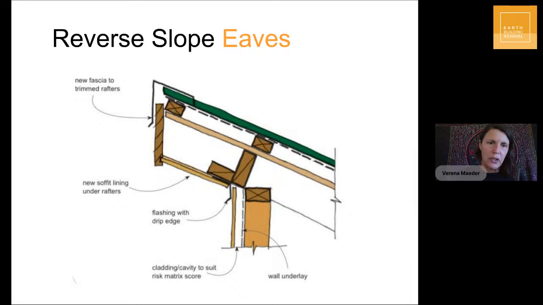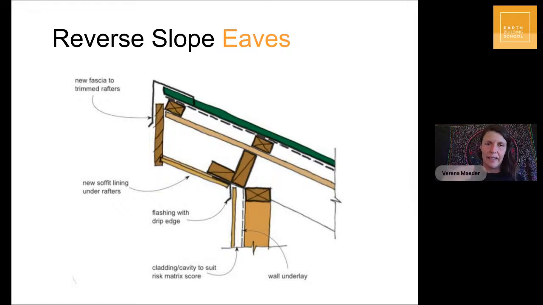I want to show you the details for the roof from a point of view of weather tightness. So you're mostly dealing with a timber structure when you're looking at your roof. So regardless of what your walls are made of, you're likely to put on a timber roof. Some locations on the planet, this is not the case, but we're just assuming it's a timber roof for the sake of this training.